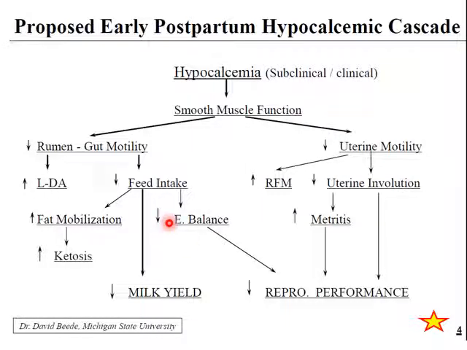So we already mentioned when we talked about hypocalcemia that one of the problems we run into with our cows is we get decreased intake, increased fat mobilization, and that's going to predispose her to ketosis. So we've got too much fat in the system, it's not being processed efficiently, and we get a backup that leads to ketosis.